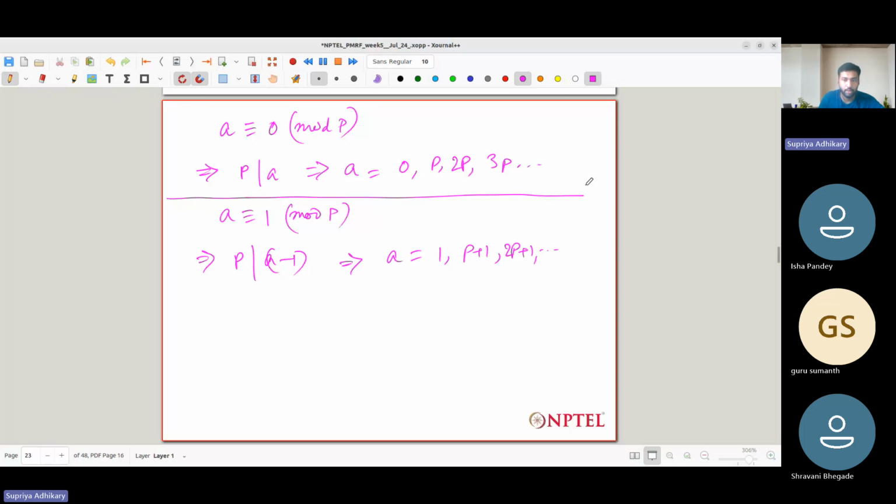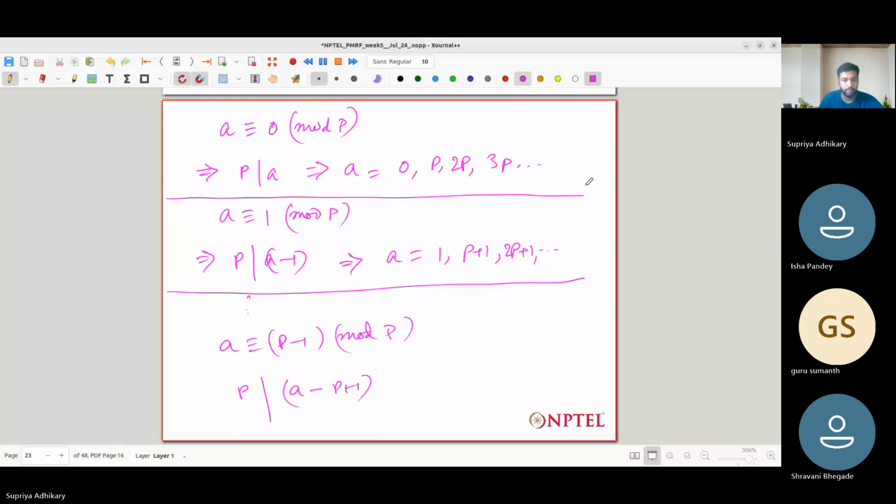So these are all the elements that belong to this class 1. And similarly, we can go up to this class P minus 1. So we consider this class, then that will mean that P divides this A minus B plus 1.